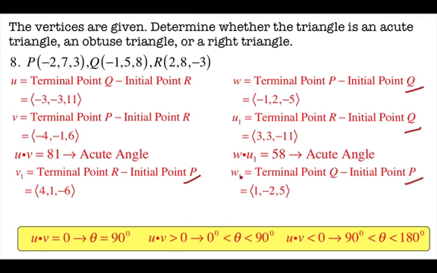W sub 1, which is basically the opposite of W. Take this, multiply by -1. Then I take the dot product of these two. I end up with a negative answer, which implies that the angle between these two vectors is obtuse. Thus, since it's obtuse, it makes the triangle an obtuse triangle.